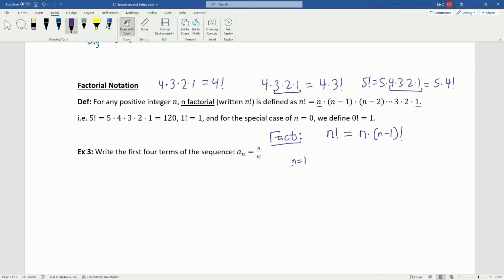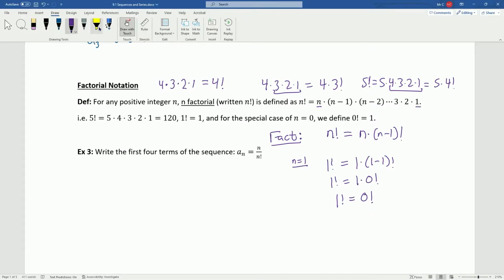So let's see what happens when n equals 1. I should get 1 factorial equals 1 times 1 minus 1 factorial. So 1 factorial equals 1 times 0 factorial. So 1 factorial should be equal to 0 factorial.